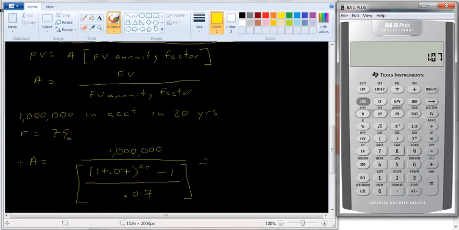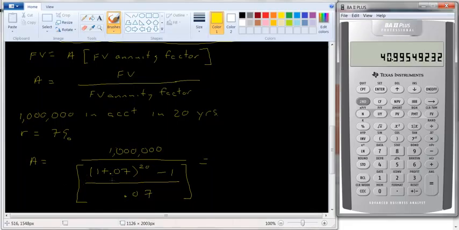1.07 raised to the 20th power minus 1 divided by 0.07.